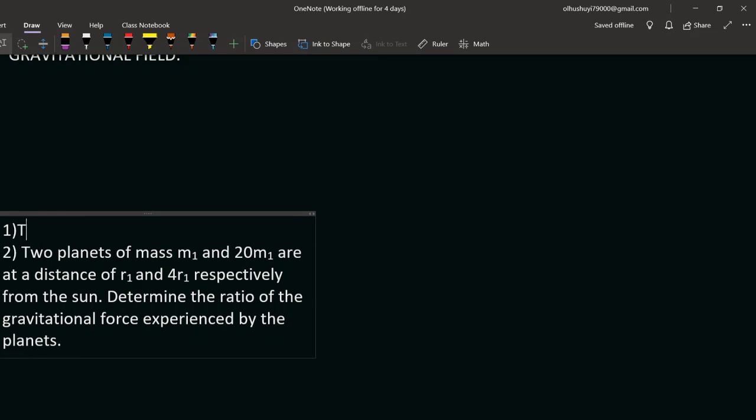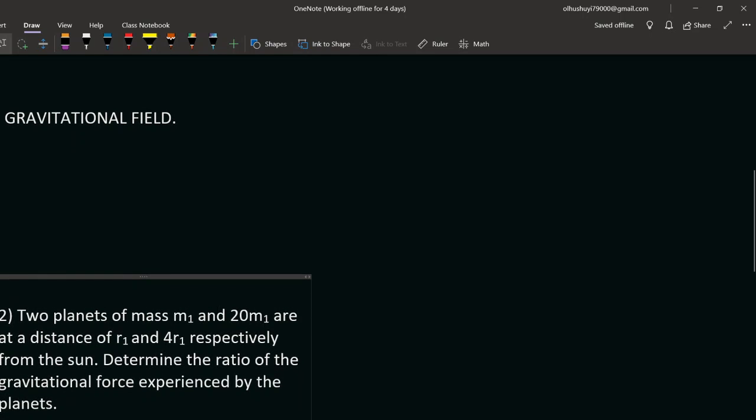So the question now says, two planets of mass m1 and 20 m1 are at a distance of r1 and 4r1 respectively from the sun.